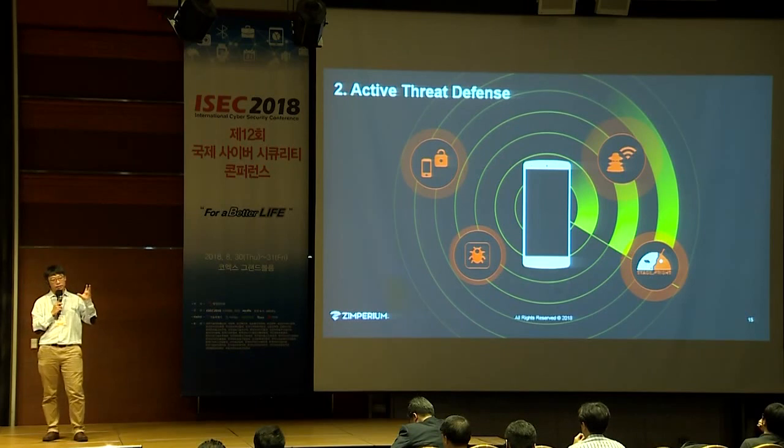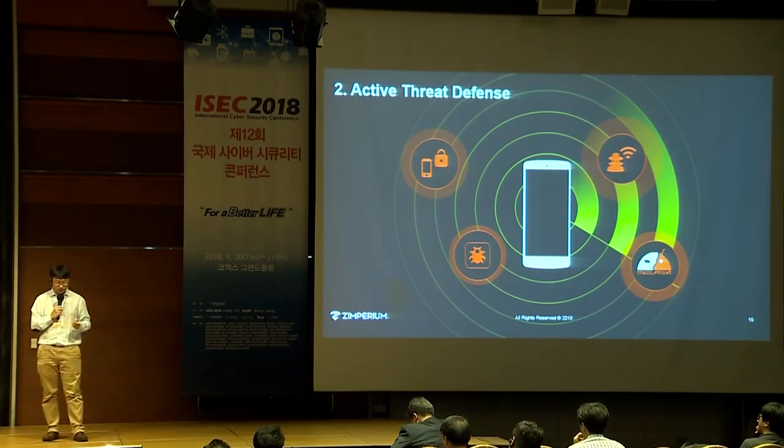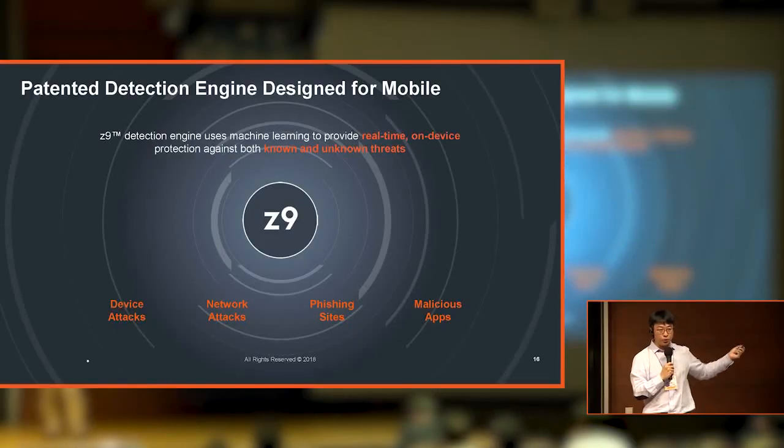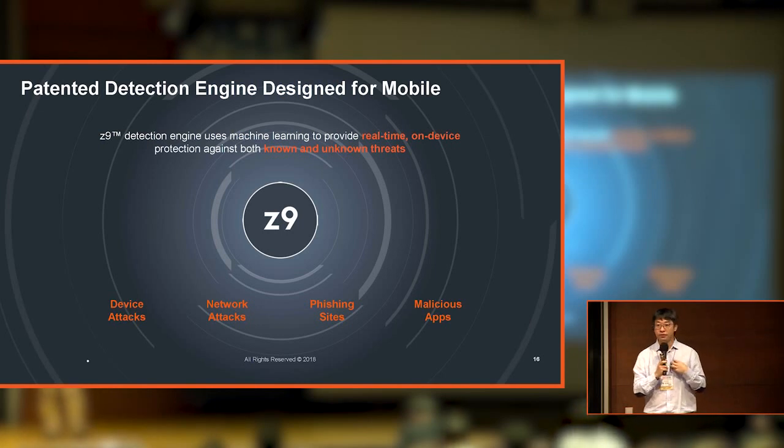Regardless of how the attackers are attacking the device, whether it's Bluetooth, PDF, Wi-Fi, JavaScript, etc. We do this by using machine learning. In 2010, when we started the company, our founder was working for Samsung.